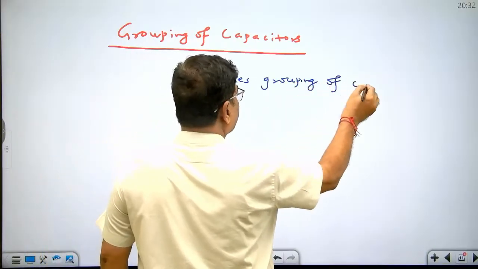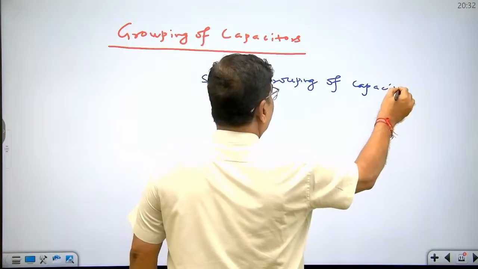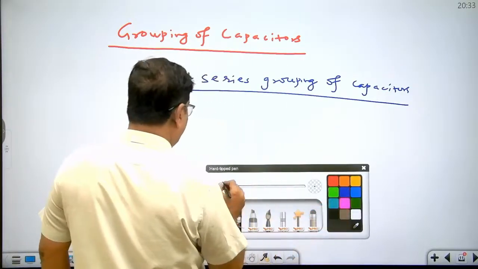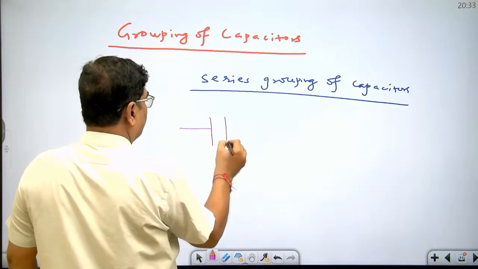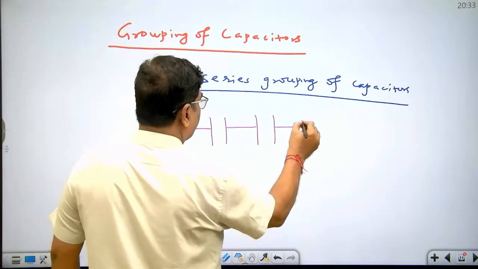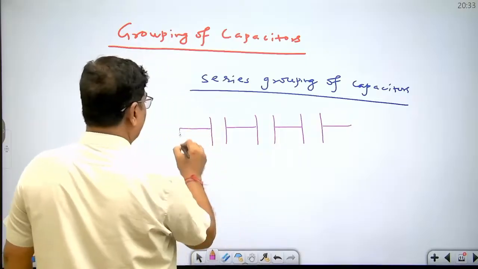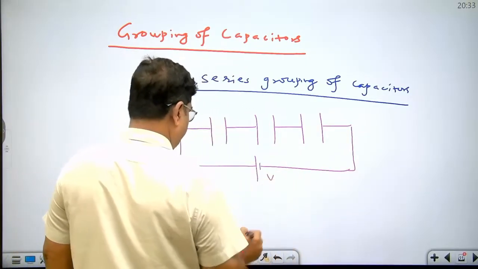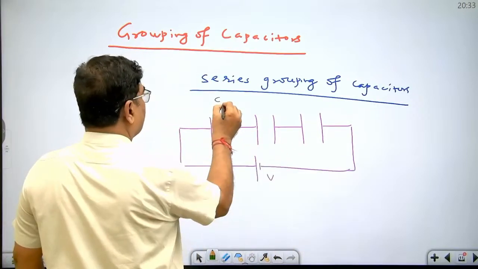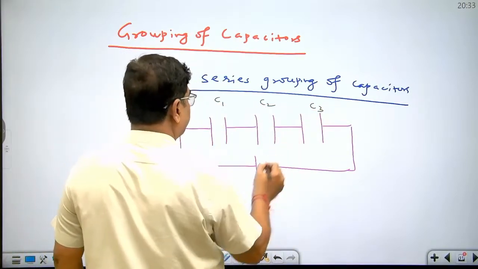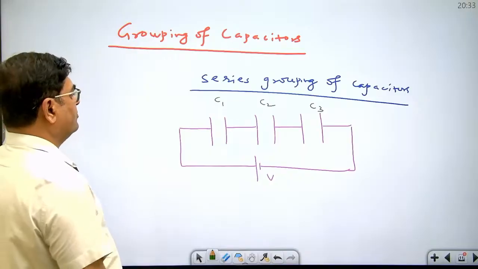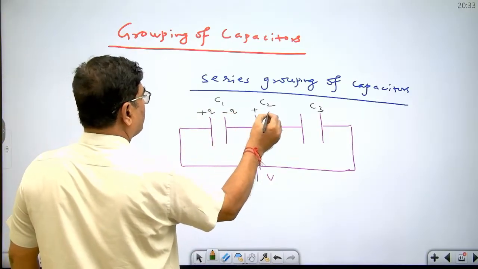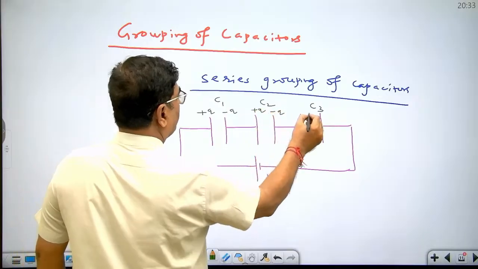In the figure, three capacitors have been shown connected in series, and across them a battery of potential difference V is connected. The capacitances are C1, C2 and C3. Let us assume the charges are plus Q minus Q, plus Q minus Q, plus Q minus Q.